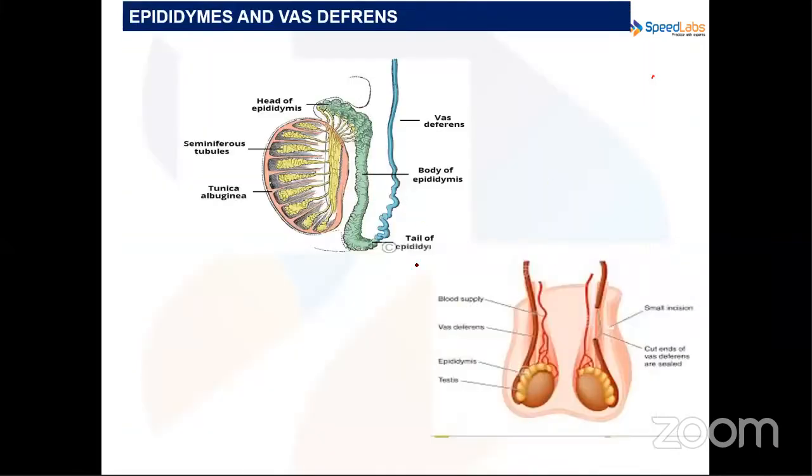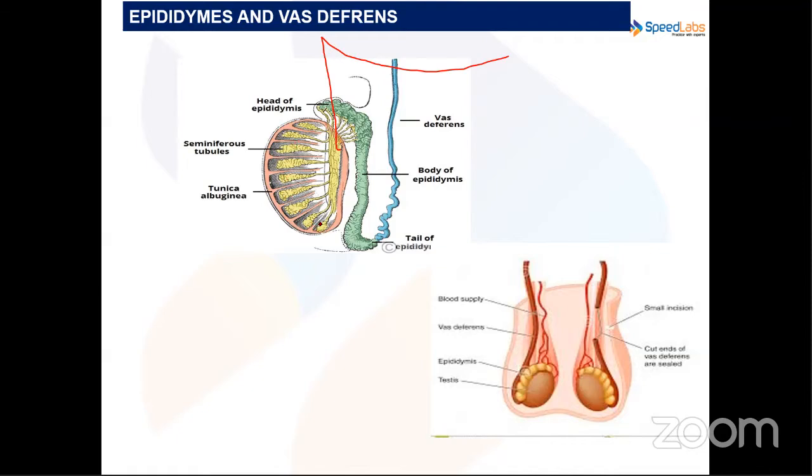Now look at this. This is the structure of the epididymis. As you can see, this is the testis. Inside the testis, as I told you, the tunica albuginea divides the testis into compartments, and each testis has testicular lobules and seminiferous tubules.